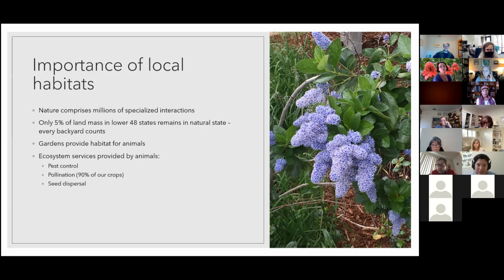And the smaller that remaining natural part gets, the more important the habitat value becomes. And so our gardens do provide habitat for those animals, but in turn, we also get other ecosystem services from those animals, like they might be controlling our pests by eating our bugs. They pollinate all of our crops that we plant, and they also help with seed dispersal.